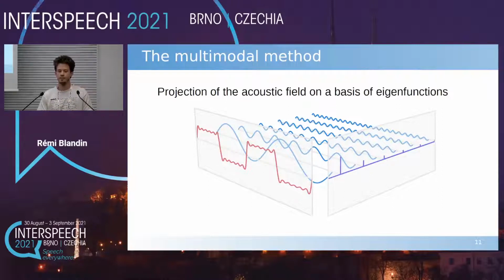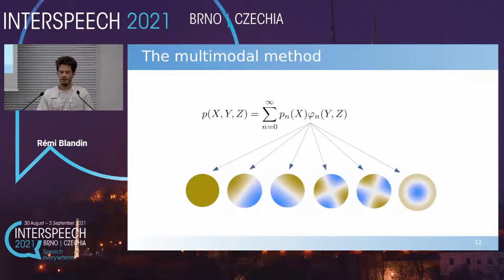So this works on the projection of the acoustic field on a basis of eigenfunctions. So this is somewhat similar to decomposition on Fourier series, as illustrated here. But in this case, you don't have sine and cosine functions, but more specific functions in 2 dimensions, which describe the acoustic field on the transverse plane of the tube.